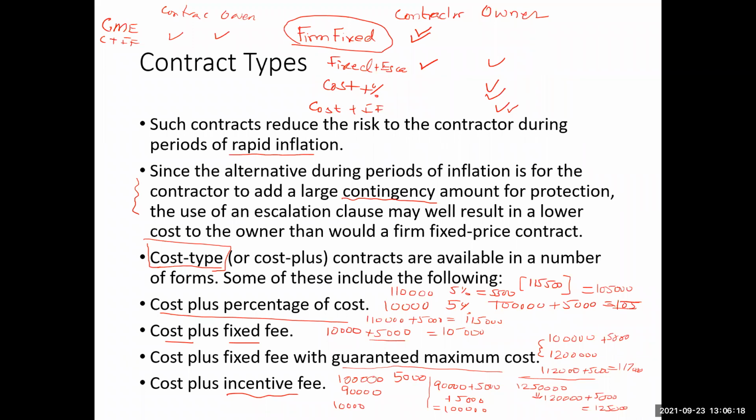But the cost plus incentive fee is also for the sharing of the risks. For example, if there is a cost overrun, say instead of $100,000 the cost is $110,000, the contractor will also share the cost increase. That means the increase of $10,000 will not be borne only by the contractor, but also by the owner.